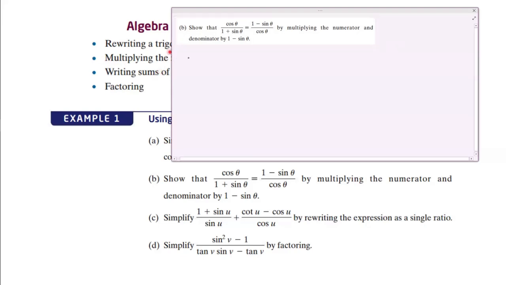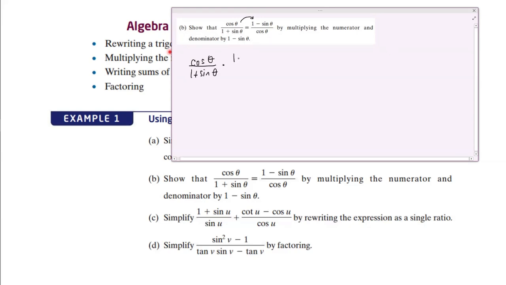Okay, so let's look at this part B here. It's actually asking us to multiply the numerator and the denominator by 1 minus sine theta, because that's going to help us take this and move it into this and show that those are identities. So we're starting with a cosine of theta over 1 plus sine of theta.